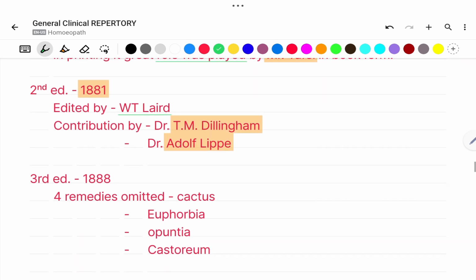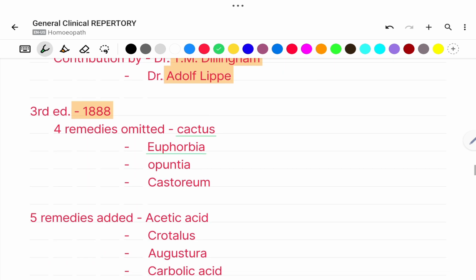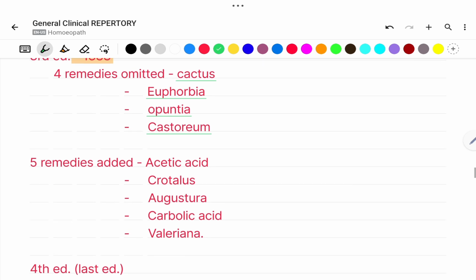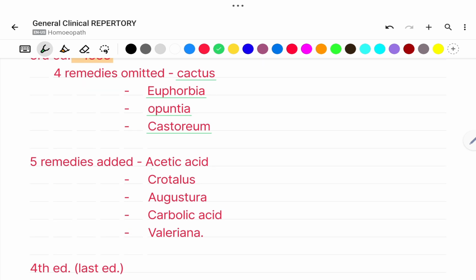Its third edition came in the year 1888, where four remedies were omitted, that is, cactus, euphorbia, opuntia, and castoreum, and five remedies were added: acetic acid, crotalus, angustura, carbolic acid, and valeriana.